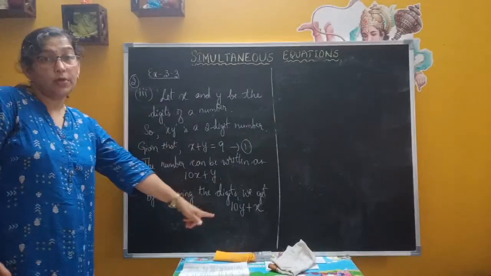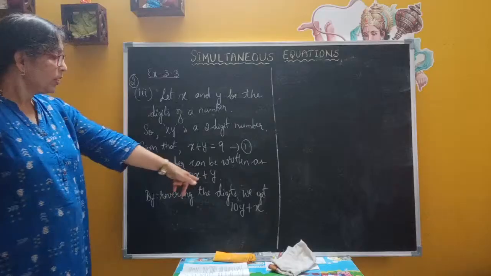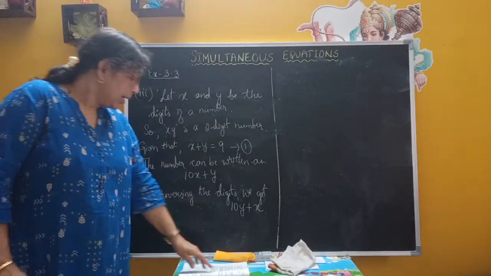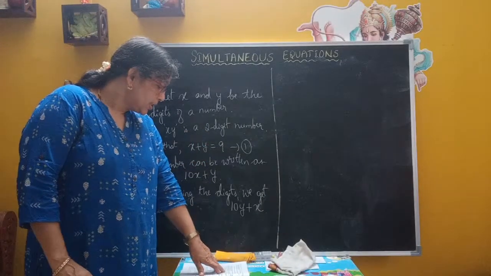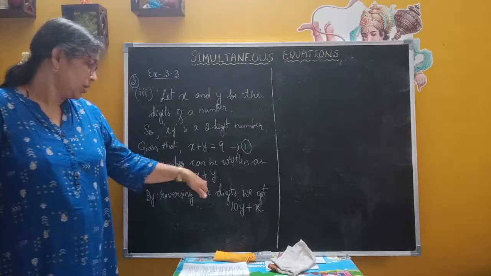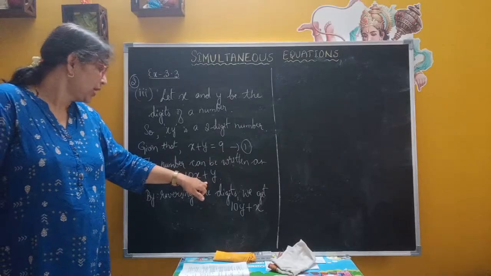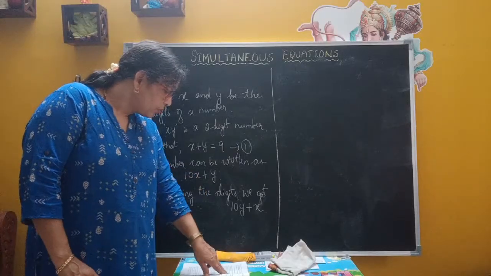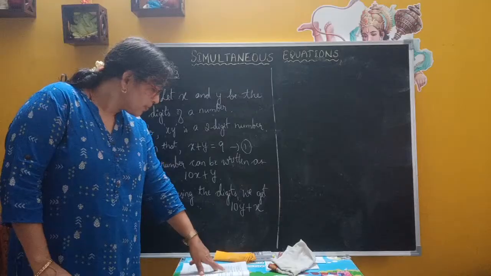I explained how it was. Okay, now what to do? Apply the conditions. 9 times the first number, 9 of 10x plus y, is equal to what? It is how many times?